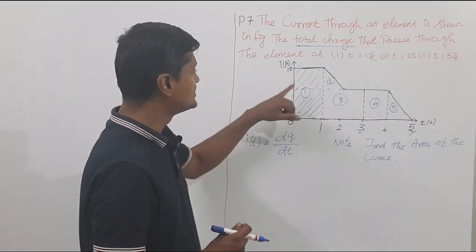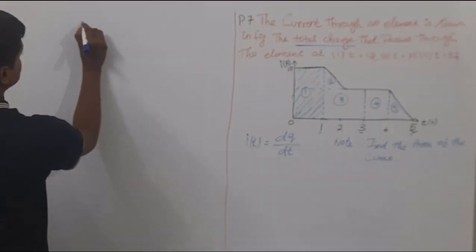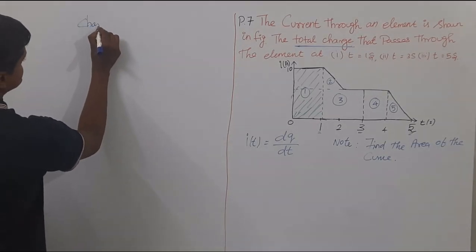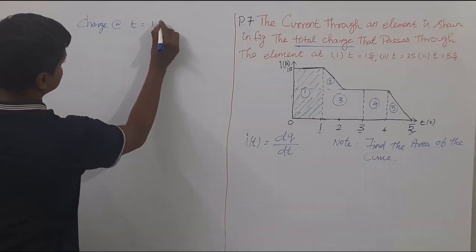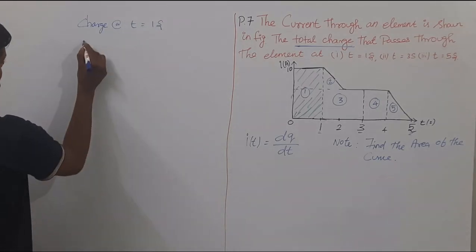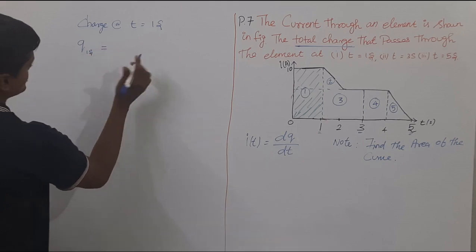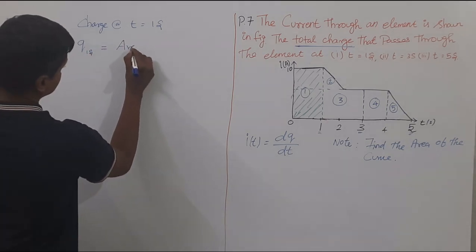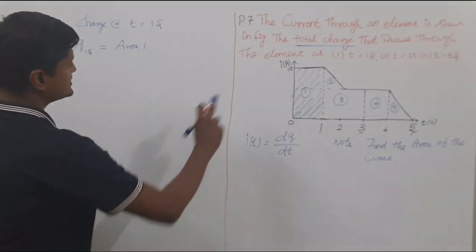So next, start with finding the charge at t equal to 1 second. So charge, that is q, for time 1 second, is equal to area 1. So what is the area?